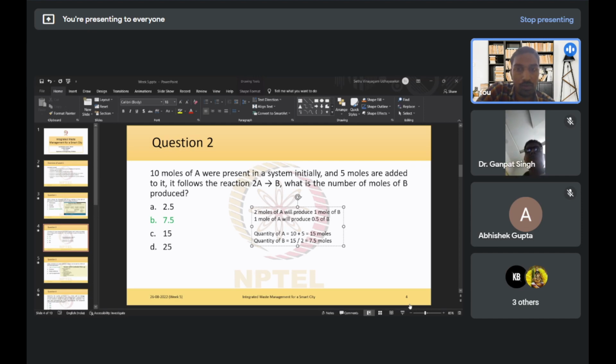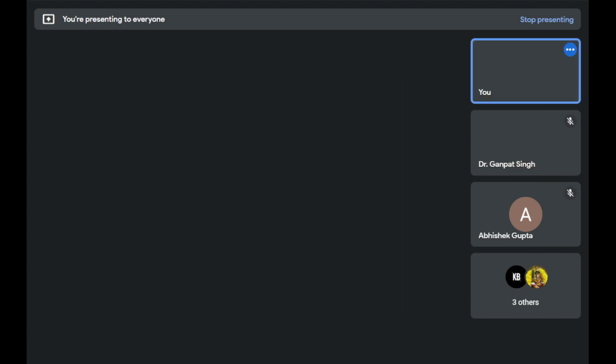So for 1 mole of B, you require 2 moles of A. So if you have 15 moles of A, from that you can produce only 7.5 moles of B. Okay, any questions? Okay, if there are no questions, we'll continue.